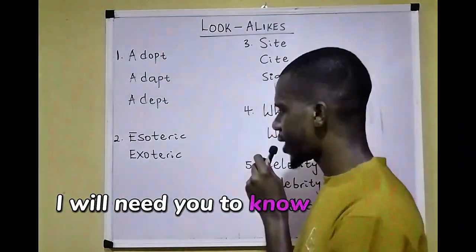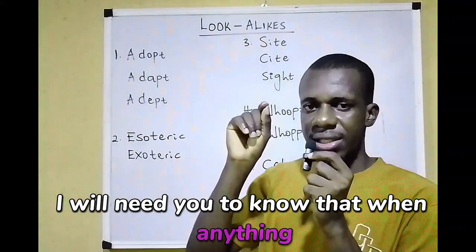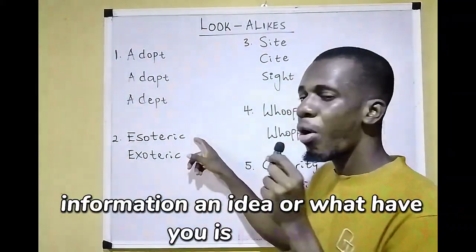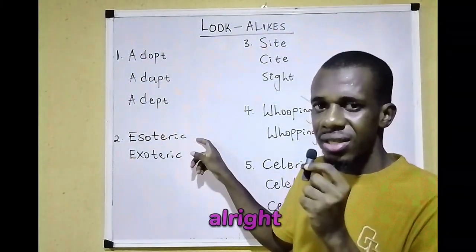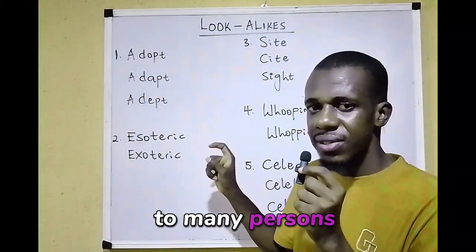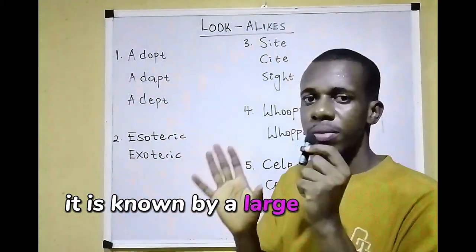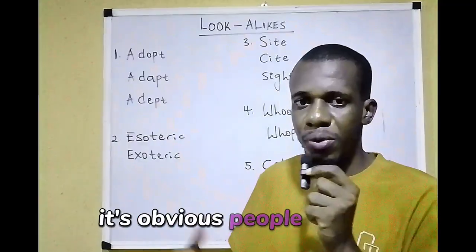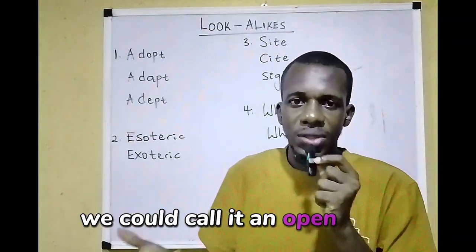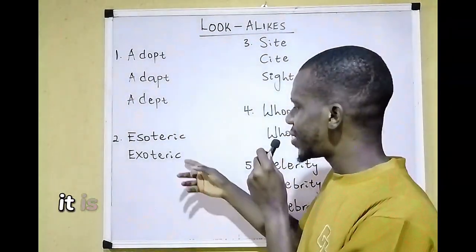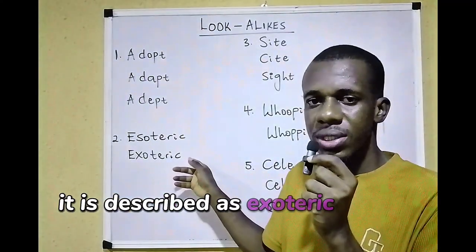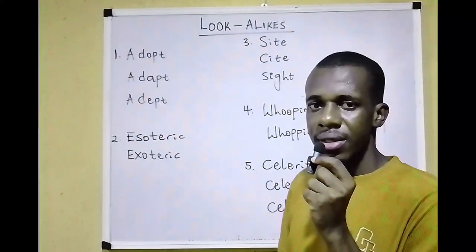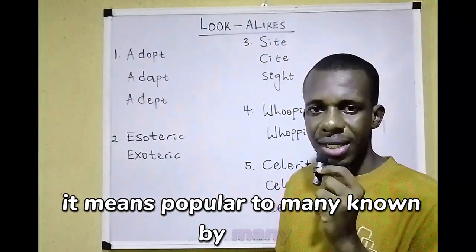When anything, information, an idea, or what have you, is popular to many persons, that is, it is known by a large number of people, it is not a secret thing, it's obvious, people know it, we could call it an open secret, it is described as exoteric with the X. Exoteric means popular to many, known by many.